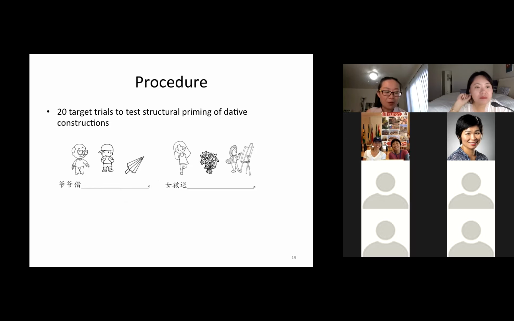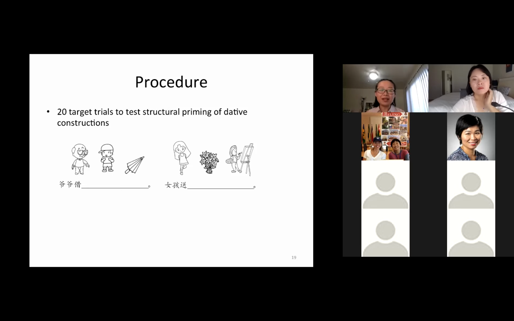For example, the first one is 爷爷借了一把伞给男孩 or 爷爷借给男孩一把伞. The second picture can be described as 女孩送了一束花给画家 or 女孩送给画家一束花. So these 20 target trials can be described in both PO and DO.